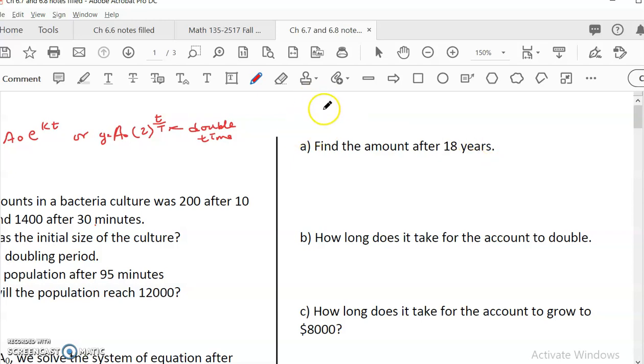We know A equals P e to the rt, where r is just the k. So it would be 3,200 e to the 0.055 t. That's our basic model.